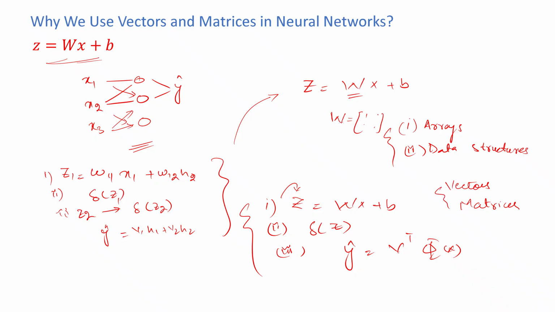And if our inputs, neurons or outputs increase, it becomes more natural and easy for us to do these computations. So in the next videos, we will be using these matrices to derive neural networks.